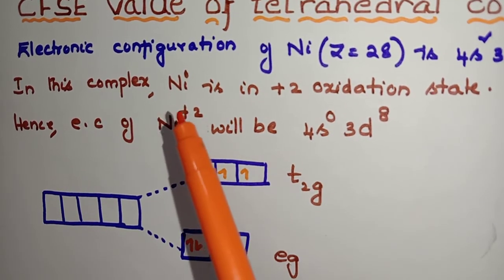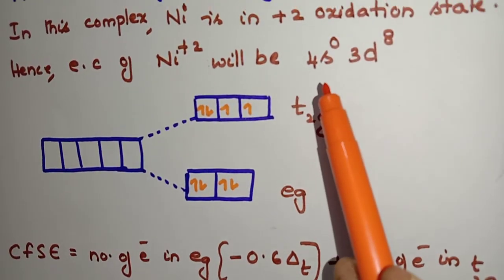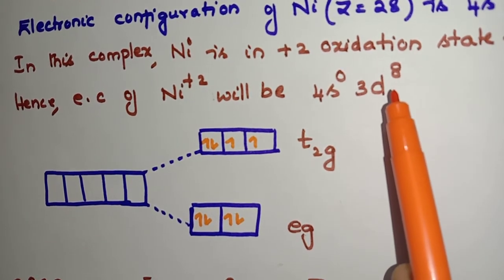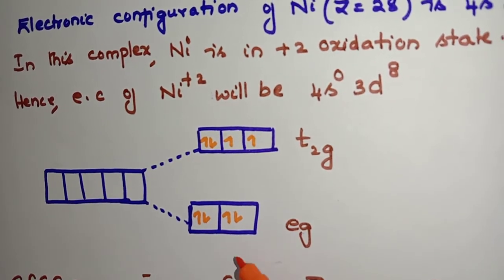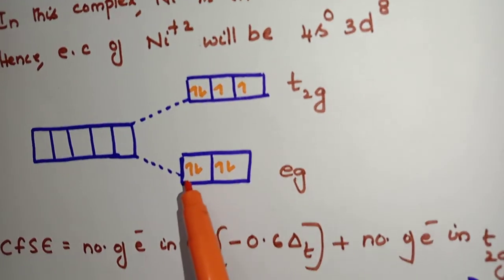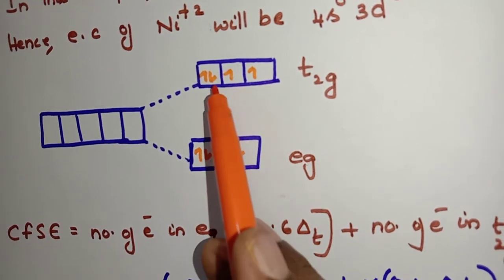So in this particular complex, Ni is in +2 oxidation state. Hence its electronic configuration 4s0 3d8. Then distribute the 8 electrons present in d orbital in Eg and T2g orbitals in presence of NH3.